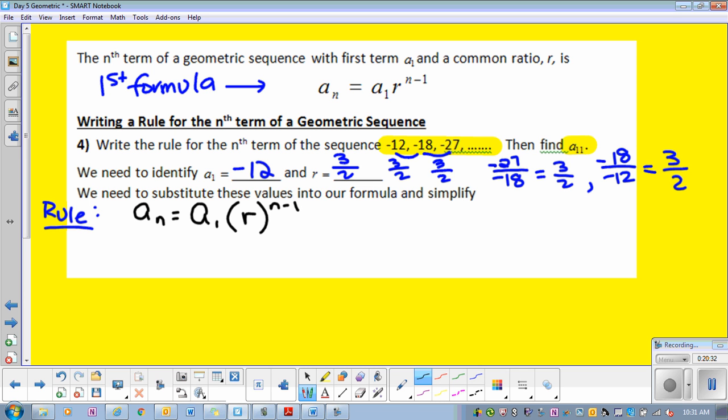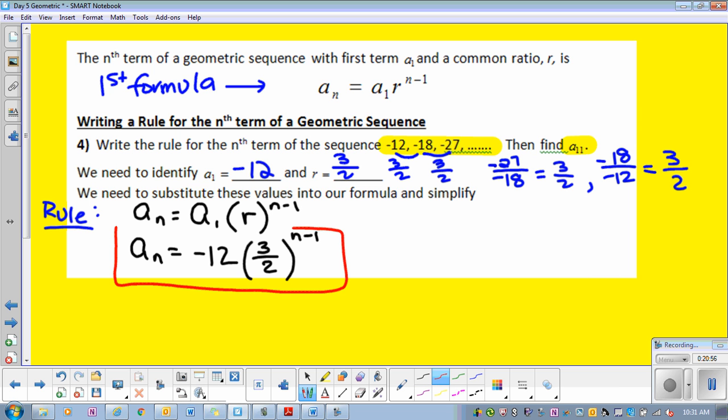And then that becomes a sub n equals my a sub 1, which was negative 12, times, what's my r? 3 halves to the n minus 1 power. That's my rule. That's all you have to do.